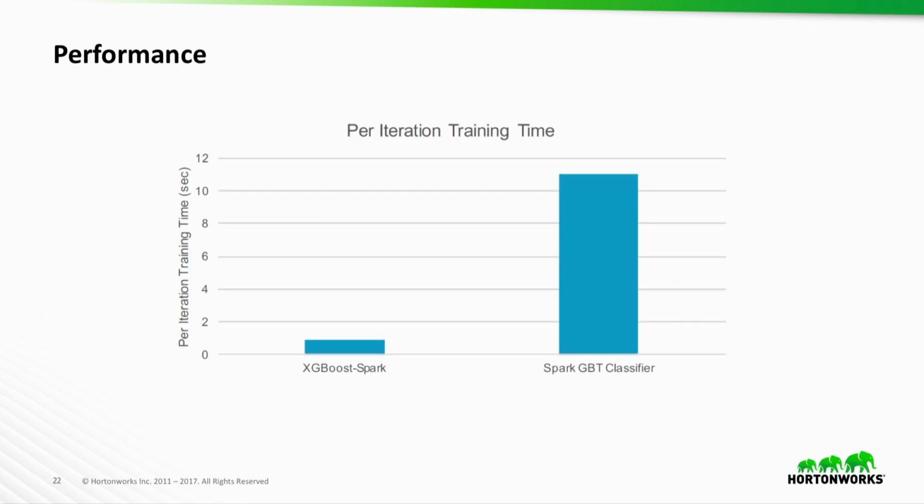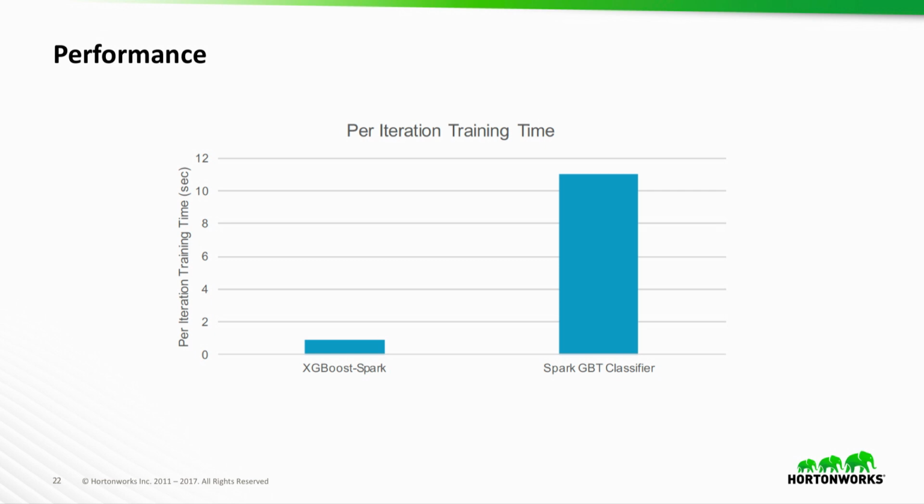You can also check the performance. The performance is the training time. The test was done on a 22 million data set, which is not a very big data set, with 6 machines and 48 workers. XGBoost is 10 times faster than the MLlib GBT classifier.